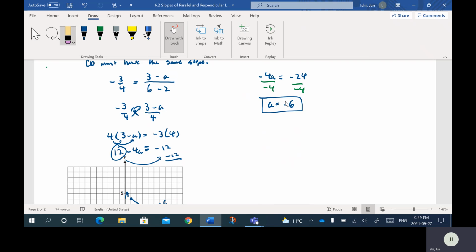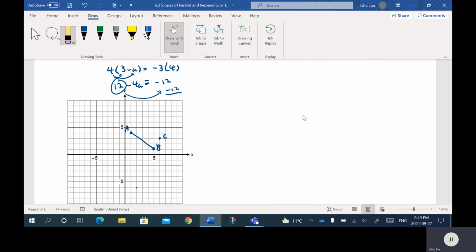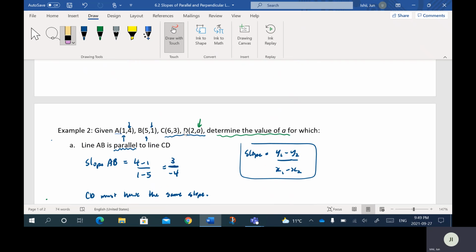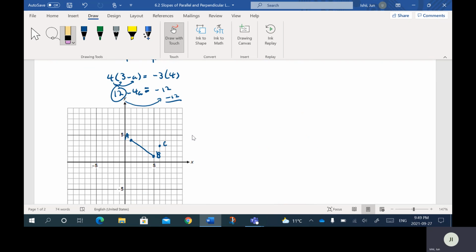I thought I would have to do everything over. It's one slight mistake. Negative 24 divided by negative 4 is 6, not negative 6. So the point D here is going to be at (2, positive 6).